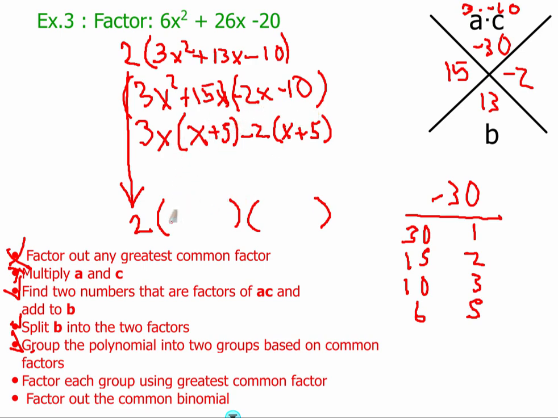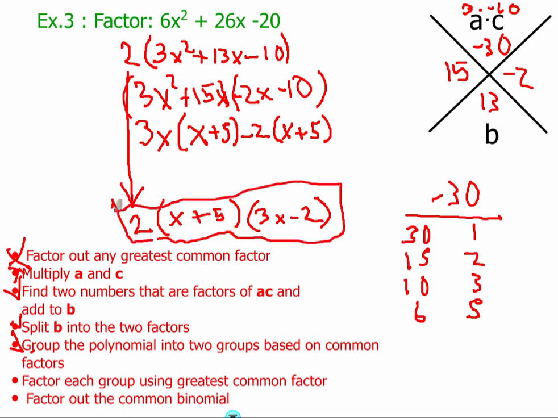So now I just rewrite it. First up, what's inside the parentheses, x plus 5, and then what's outside, 3x minus 2. And I was good to remember to have this 2 on it at the end. So 6x squared plus 26x minus 20 factors out to be 2 times x plus 5 times 3x minus 2.